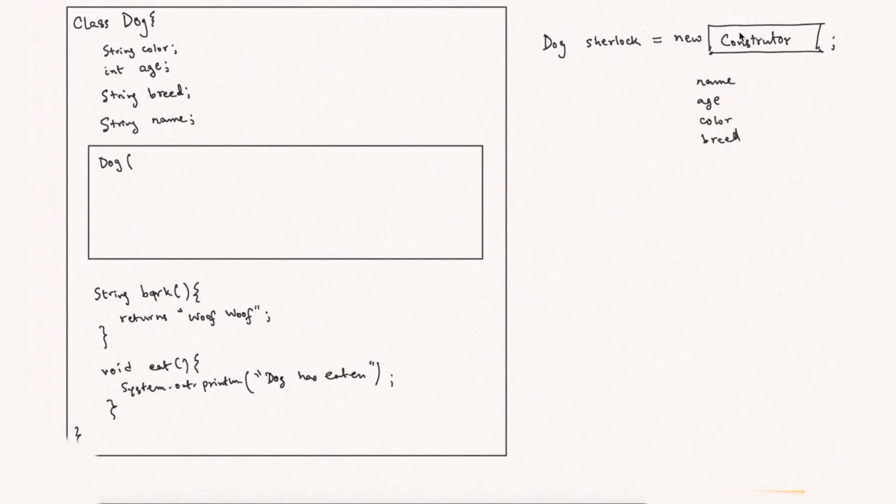And when we input this in the constructor here, at that point, the dog object would be created. Let's say this is our 1, this is 2, this is 3 for us, and this is 4, right? So that is exactly what we want to put here, because this is the order in which we want to input the different variables or attributes. And when we input the attributes in this order, we want a new dog object to be created. So in that case, this is exactly what we're going to put here.